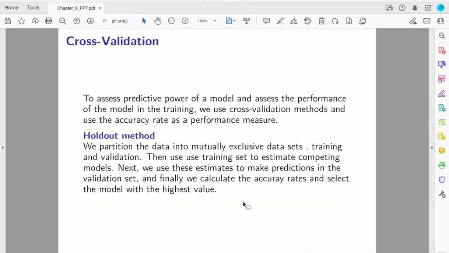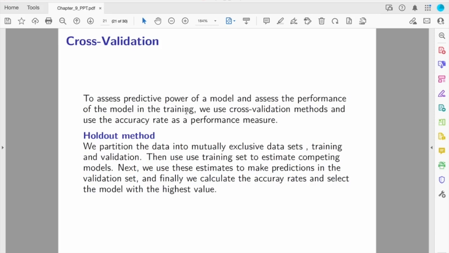Not only the accuracy rate, we have other techniques. As you remember, we talked about the predictive power of a model and assessing the performance of the model in the training data as well. We use cross-validation techniques. For cross-validation, we have both the holdout method and the k-fold cross-validation method. Also, we are going to use the accuracy rate as a performance measure.